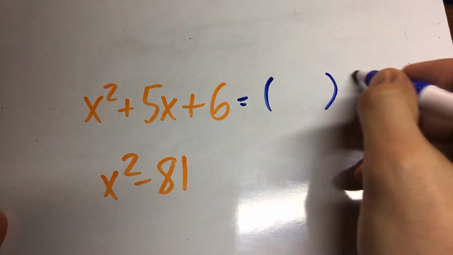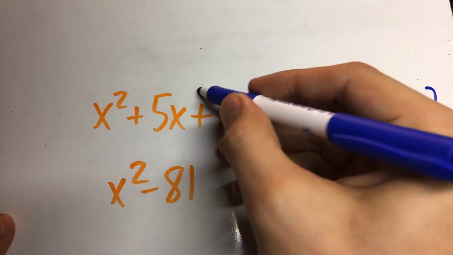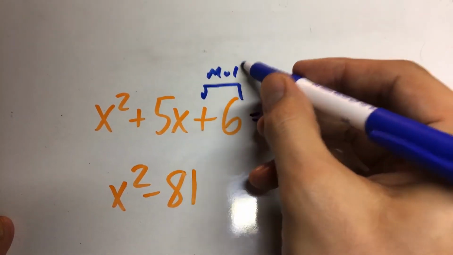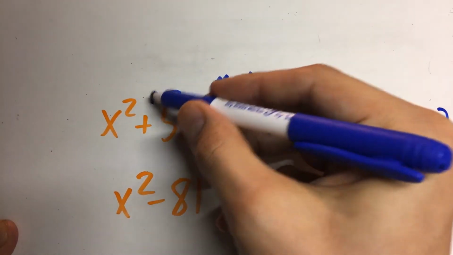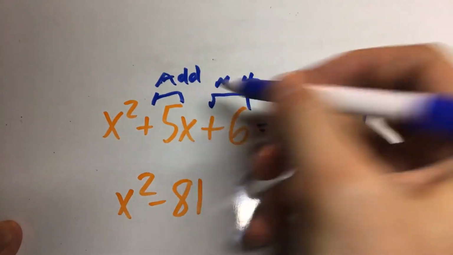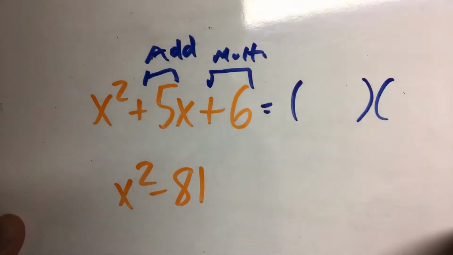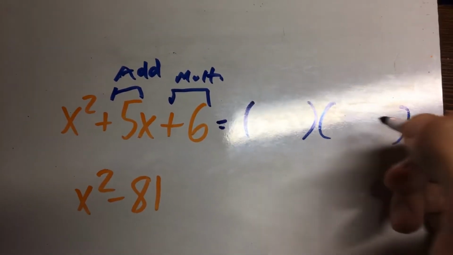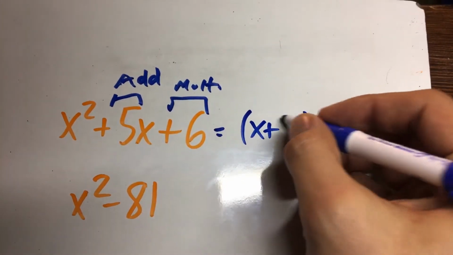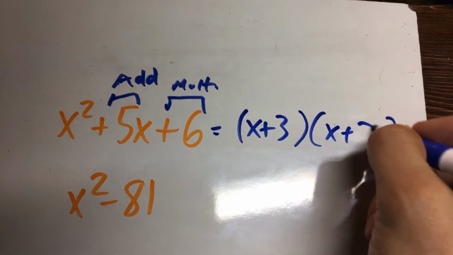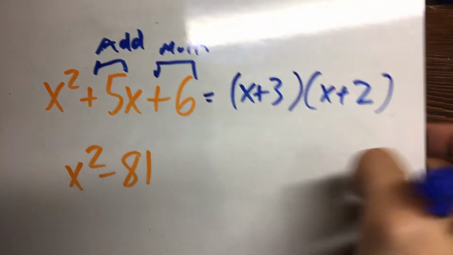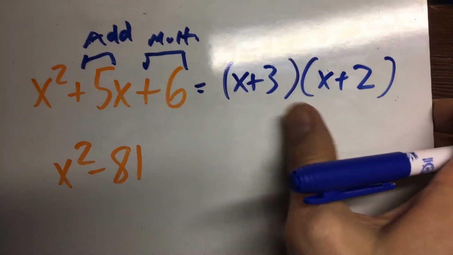And you asked yourself, what two numbers multiply together to equal 6 that add up to equal 5? It's that type of a question. So we're going to have to factor some of these. The numbers that multiply together equal 6 and add up to equal 5 are 3 and 2. And you see how, once I have it factored like this, it looks like the intercept questions that we did yesterday.